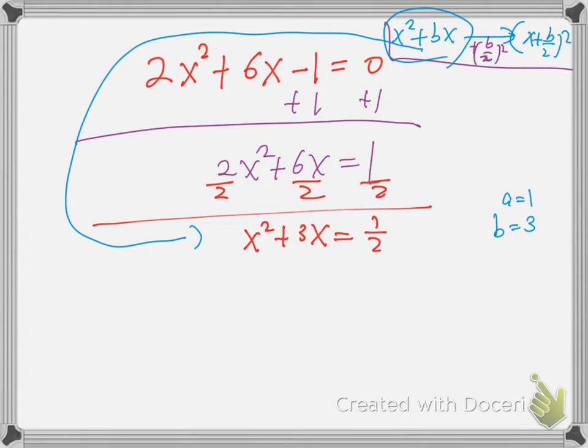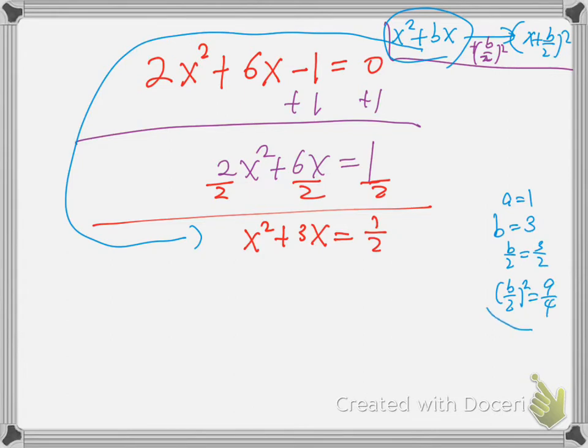So before completing the square, you have to make sure there's no C part and A is 1. And then you can use B over 2. So B is 3, so what's B over 2? B over 2 is 3 over 2, so what's B over 2 squared? It's 9 over 4.